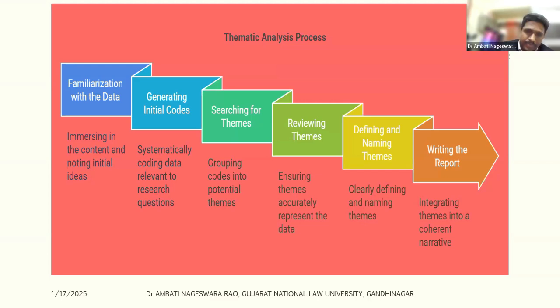You don't have an option. So instead of 10%, you may get 40% of the data. But that 30% of data which is irrelevant, you are going to look at how we can exclude it, and how relevant this particular data is to your research questions and research objectives, whether directly or indirectly.